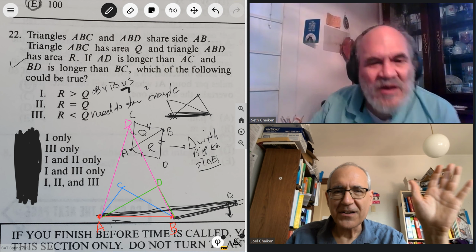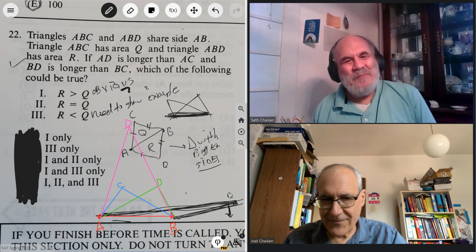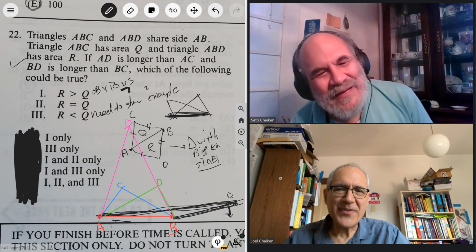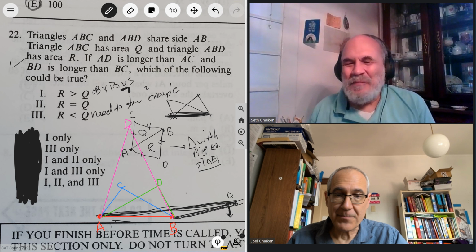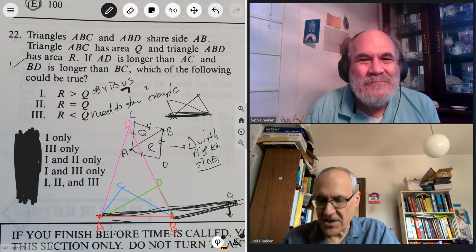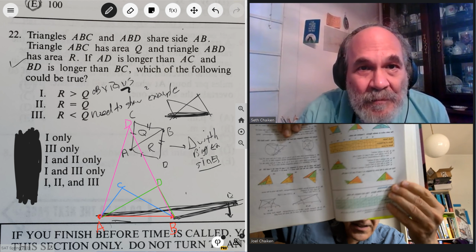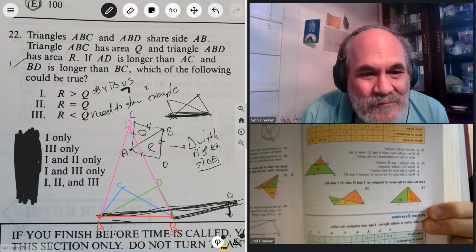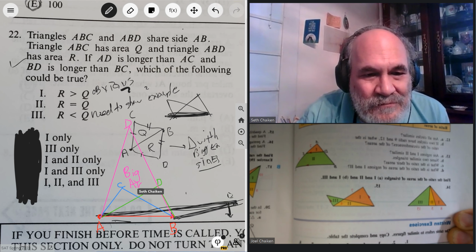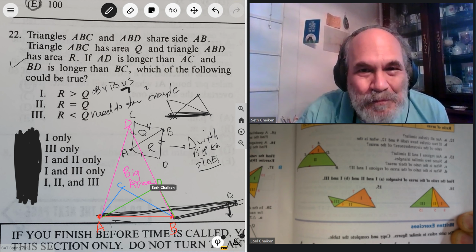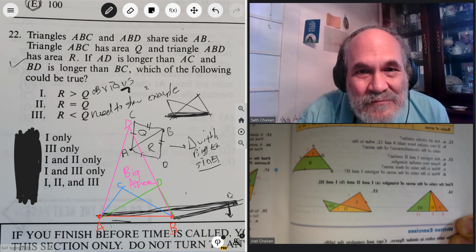Yeah, we're done. Okay. So I just want to show everyone where this big idea of sharing common bases, comparing triangles, comes up in your common geometry textbooks. You may have seen pages like this in your textbook where they give you different triangles, and then they ask you to find the ratio of these different triangles that are inside each other.